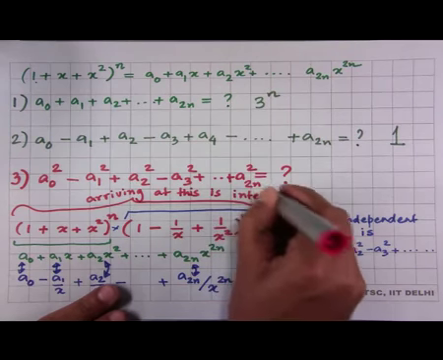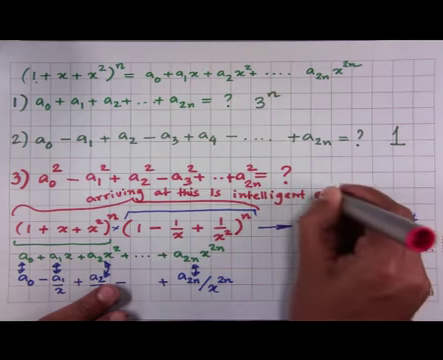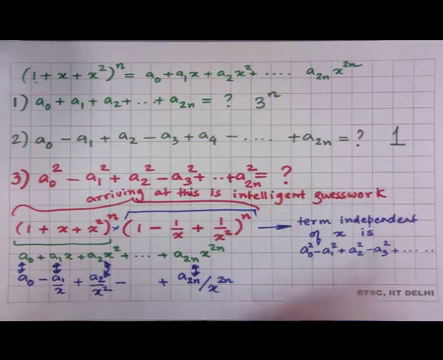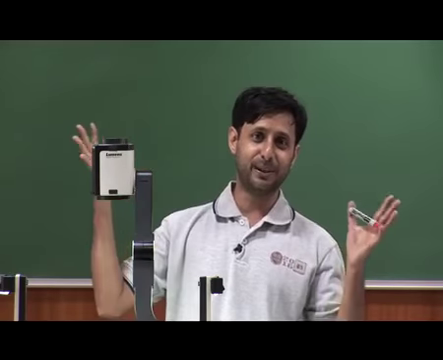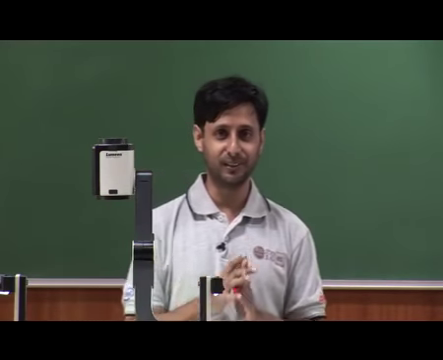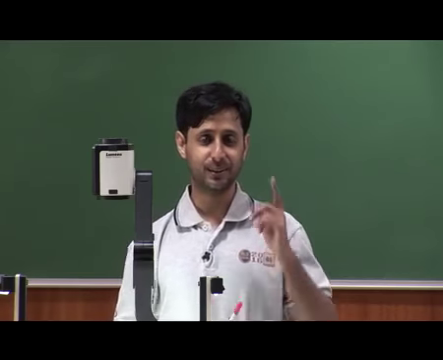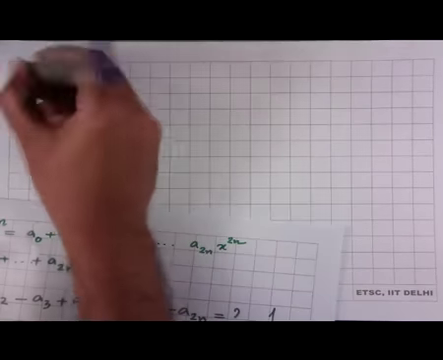This is where your practice will pay. The more you practice, the better you will be at guessing what should be the way to go about solving this problem. Otherwise, you will be stuck, right. You have to intelligently guess this construction. Okay. So, let us try this out.